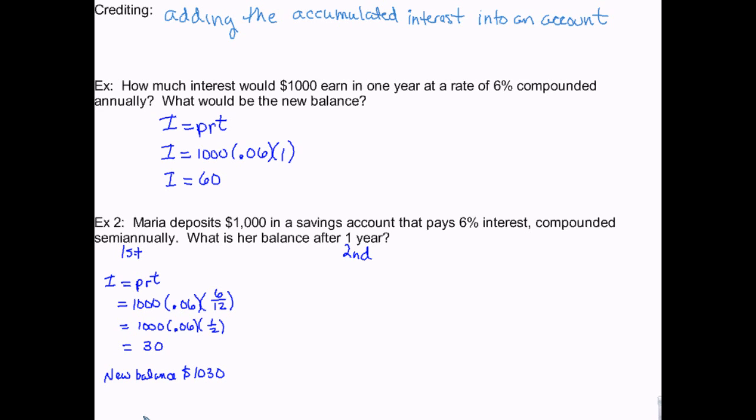Well, then when they do the calculation for the second 6 months, it's not $1,000 that they're calculating on now. It's $1,030 that they're calculating on. Okay, so I do 1,030 times 0.06 divided by 2. So 1030 times 0.06 divided by 2 is $30.90.